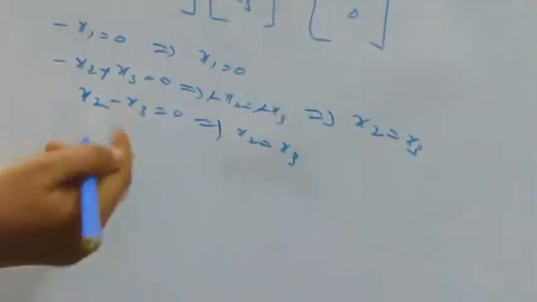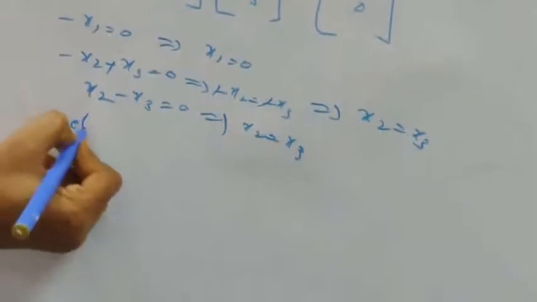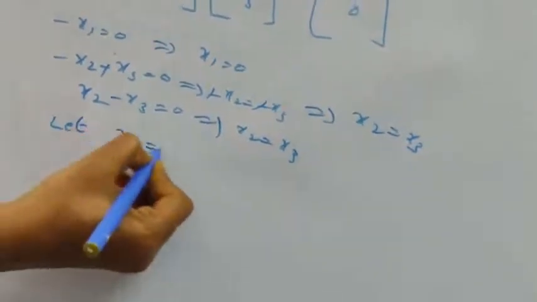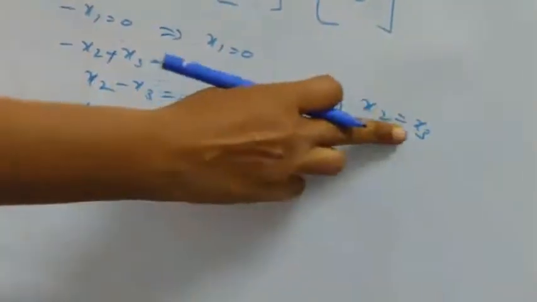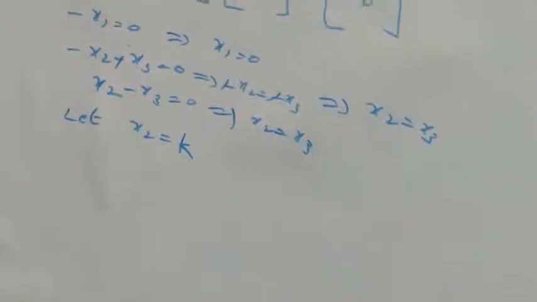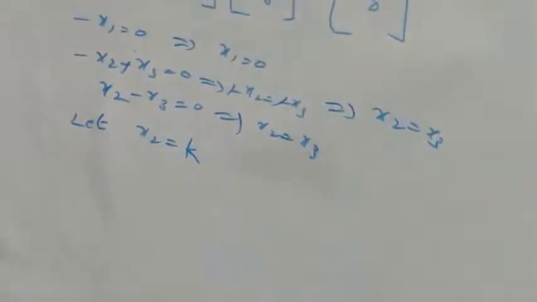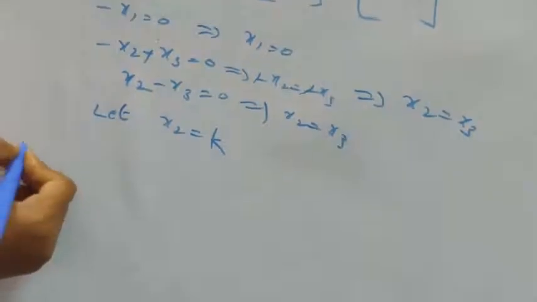In such case, let x2 is equal to k. If x2 is equal to k, definitely x3 also becomes k only. Now we are going to find the value of k by applying the normalization condition. What is the formula for that?